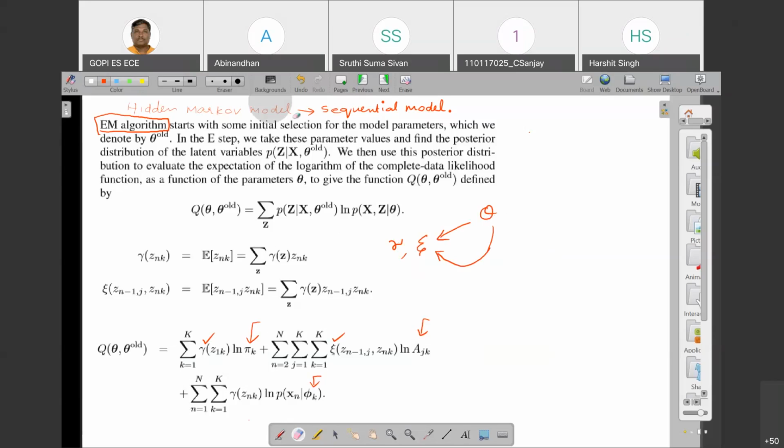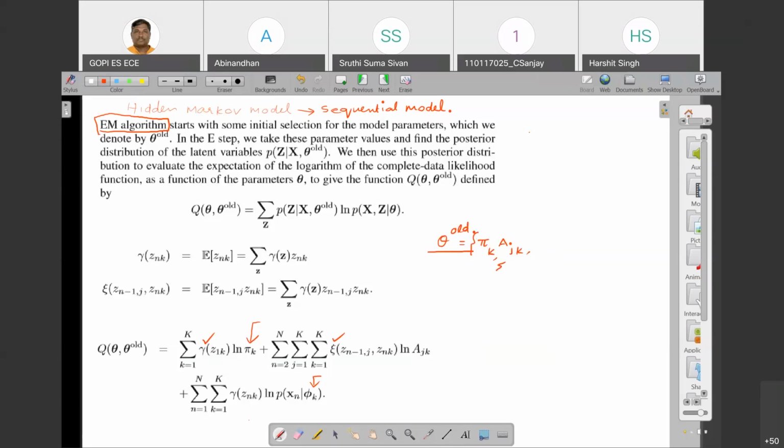So now what we are going to do is initialize the value of theta, called theta old. It means that you are initializing that value as some value. I'll tell you how to initialize maybe after this talk, but let us assume that you are initializing these values.